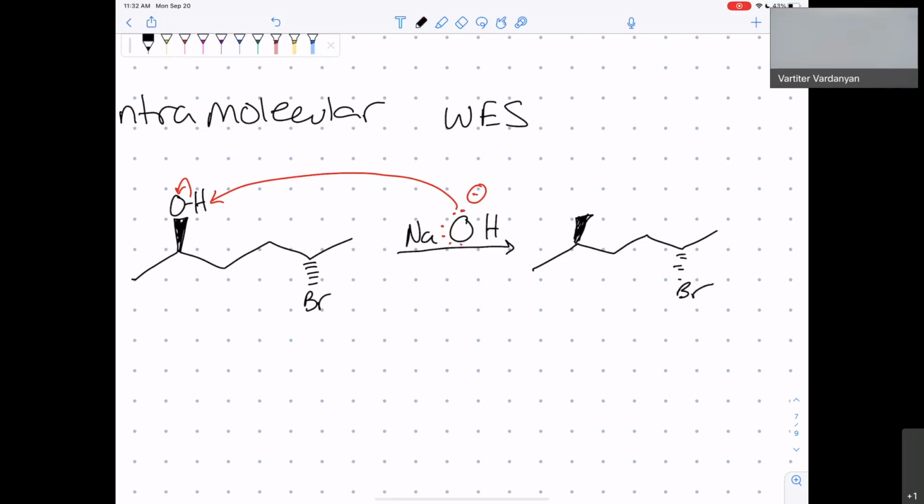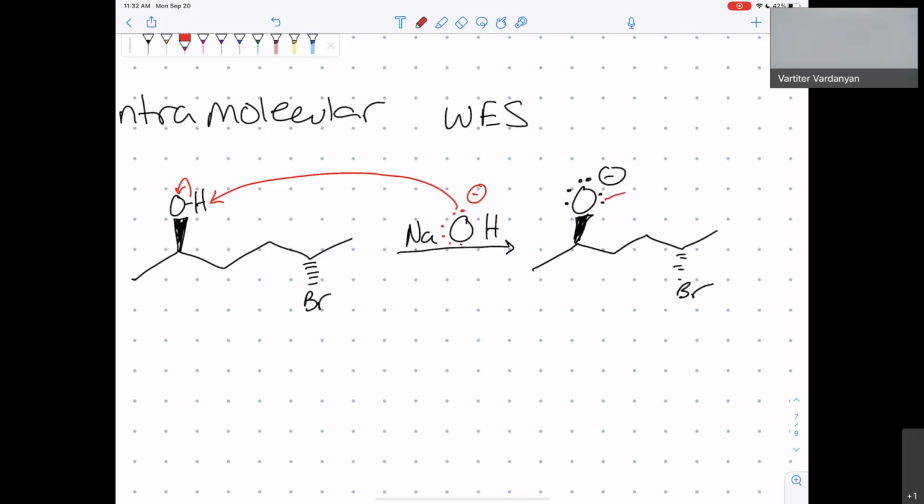So in the last example that we did, once we had O minus, what did that do? Yeah, it reacted with the alkyl halide. Since the halogen is on the same chain, what do you think? Yeah, it's still going to react the same way.